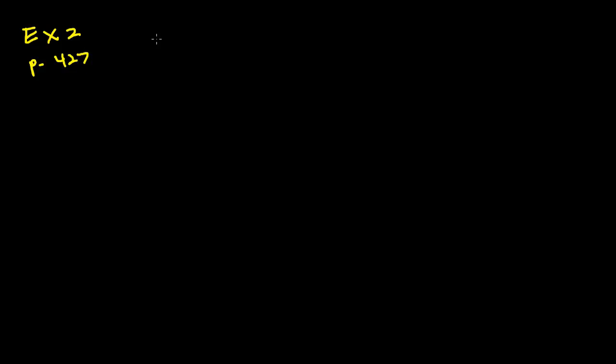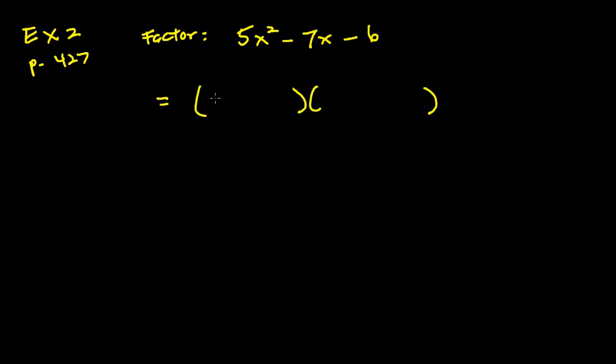we are asked to factor the trinomial expression 5x squared minus 7x minus 6. All right, 5 is a prime number, so if I'm going to break up the first terms, I'll need a 5x and x in the first slots.